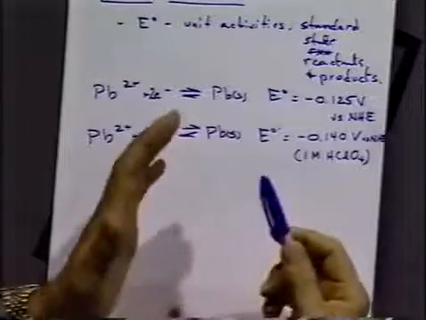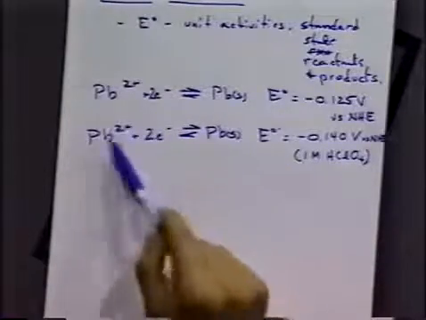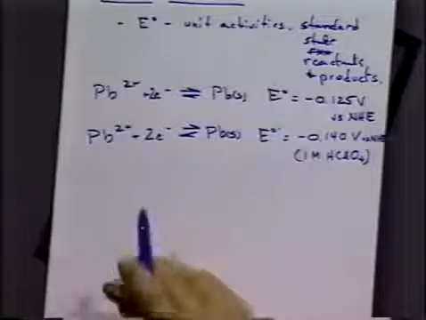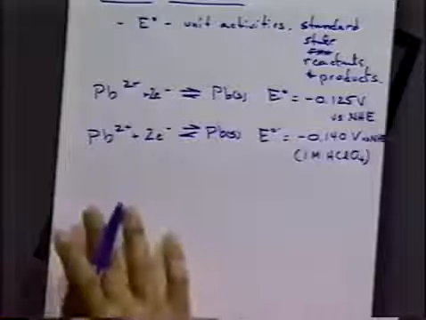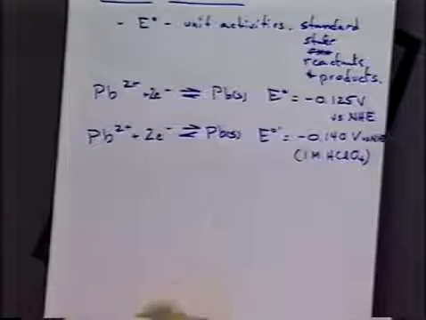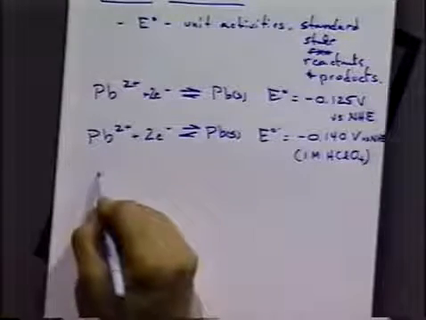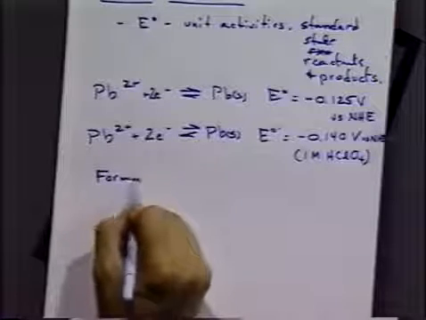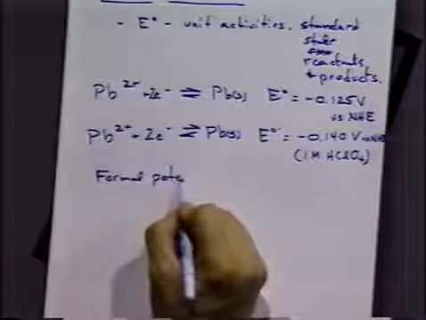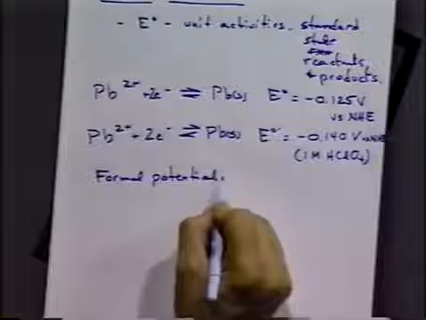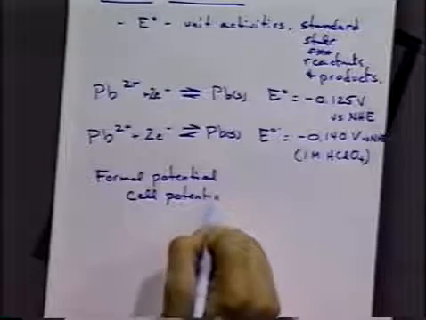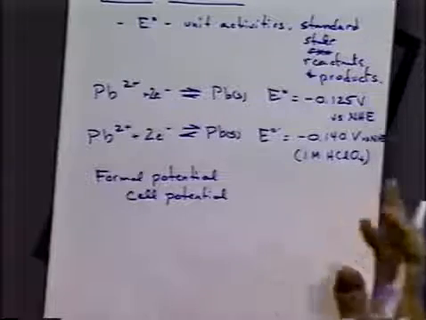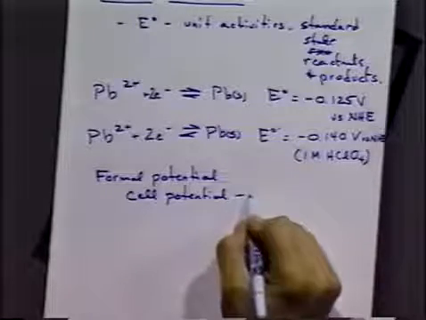Why is that the case? Well, because the lead ion can actually undergo some equilibrium with the perchlorate anion, there's actually a shift in the potential of the cell. So often we'll use the idea of formal potentials, which are simply cell potentials that have non-standard activities or concentrations.